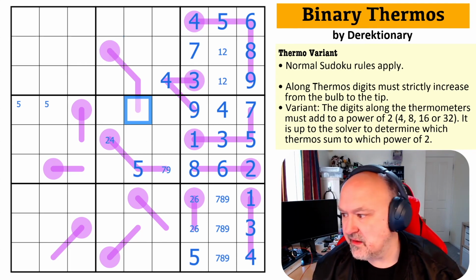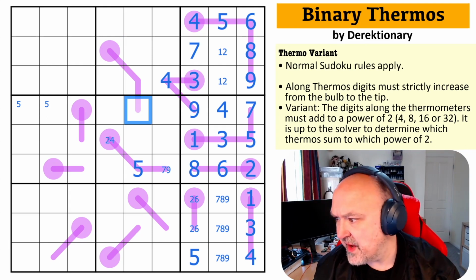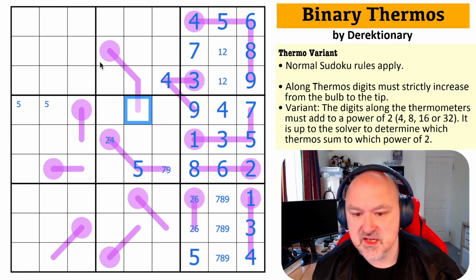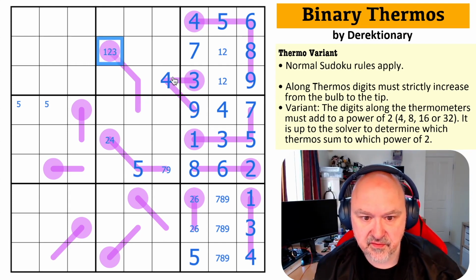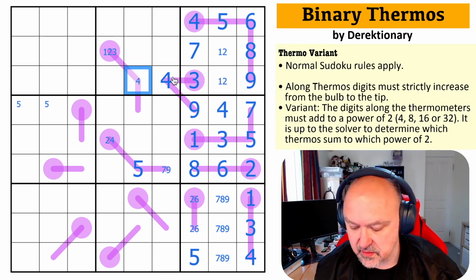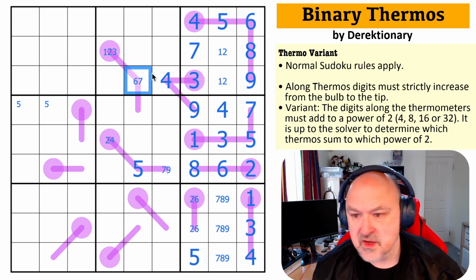Now, it can't end in a 5, which doesn't help me, but it can't have 5 as a middle digit either. So that gets rid of a couple of options. So it either starts with 1, 2, or 3. Okay, well, that's fine. Middle digit is 4, 6, or 7. And it can't be 4. So middle digit as a 4 disappears. That gets rid of one option.